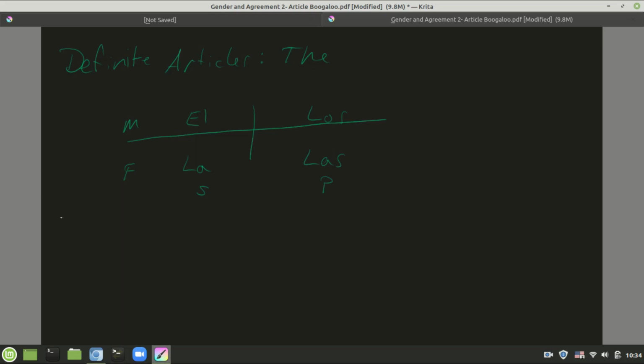Alright, and then we have indefinite articles, which mean a, an, and some. And for the masculine, we have un and unos. And for the feminine, we have una and unas.